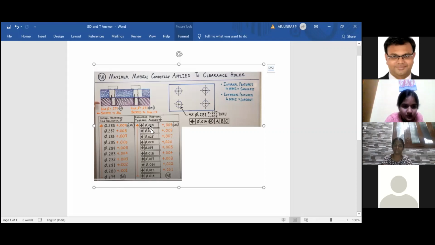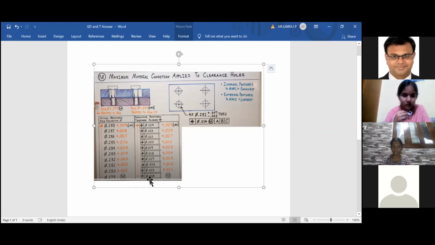See, one easy method: here they have given it step by step, 0.279, 0.280, 0.281, and so on, everything incrementally up to 0.288. So you can directly subtract 0.288 minus 0.279, you get 0.009. Then you add this 0.009 here.